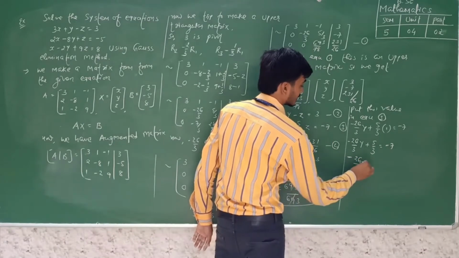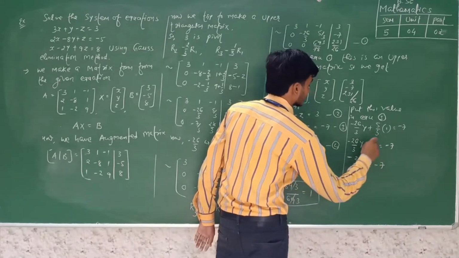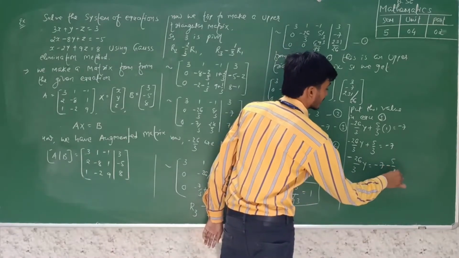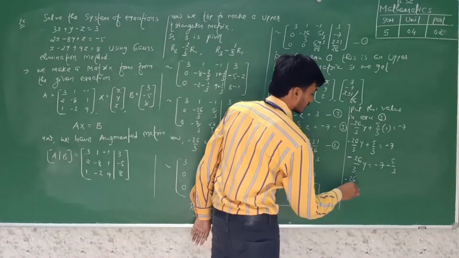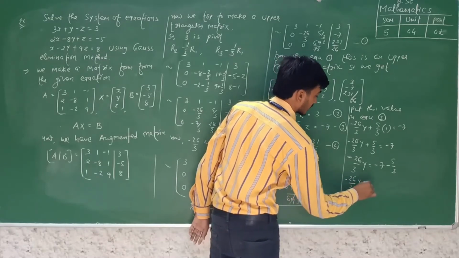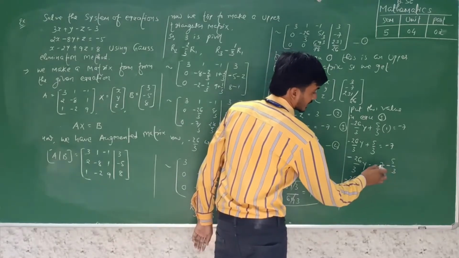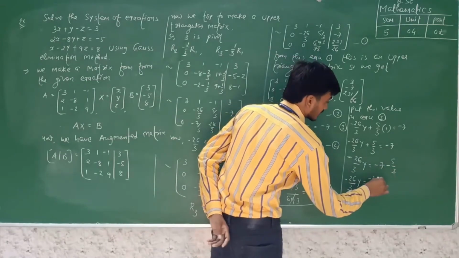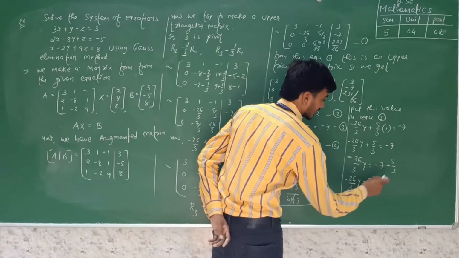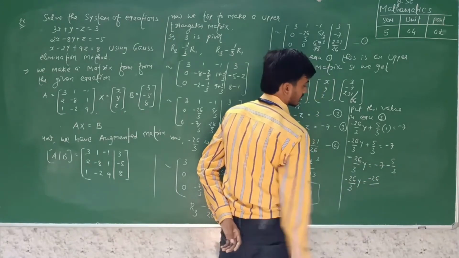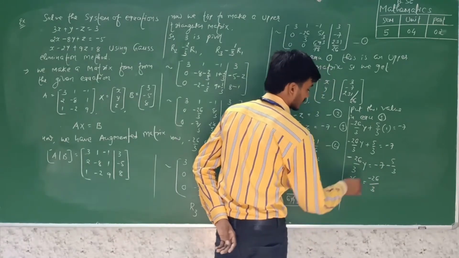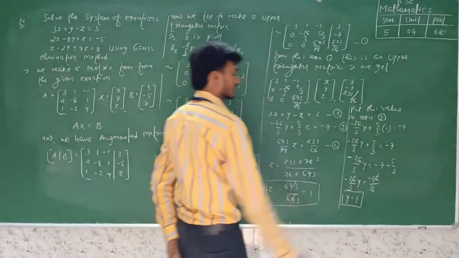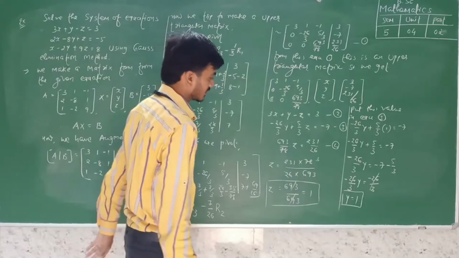Taking these terms to the right-hand side, minus 26 by 3 into y is equal to minus 7 minus 5 upon 3, that is minus 21 minus 5, minus 26 by 3. The 26 by 3 cancel, so y is equal to 1.